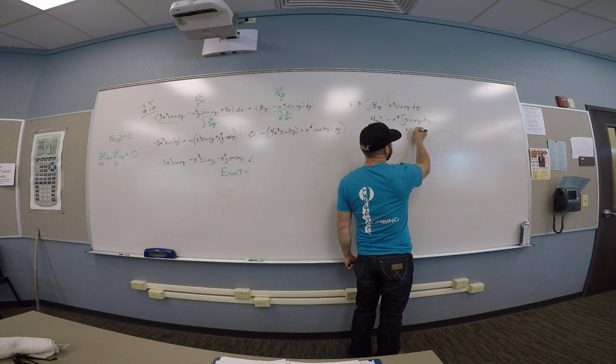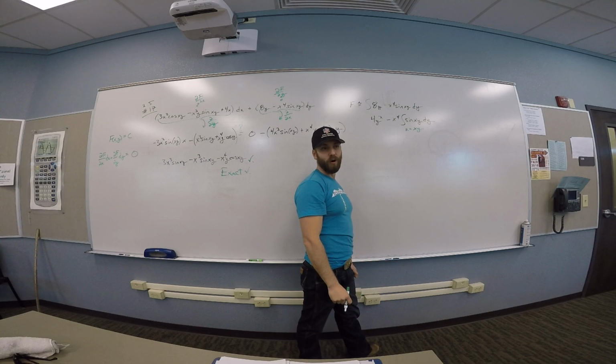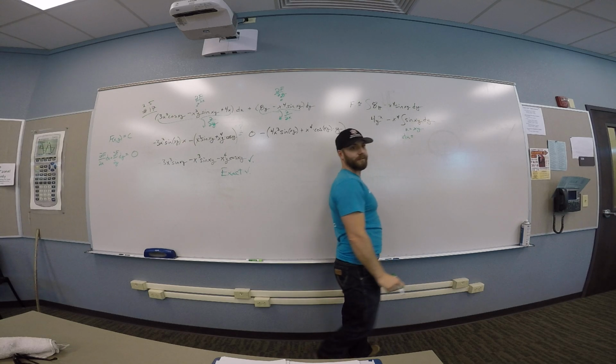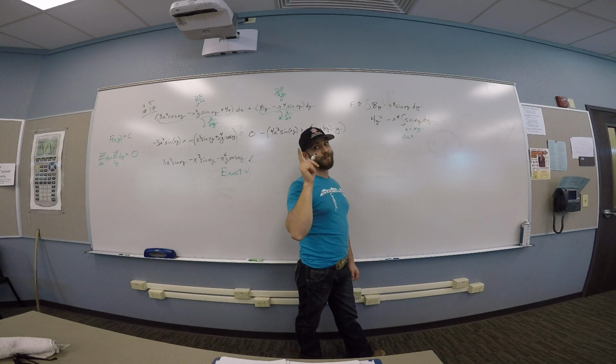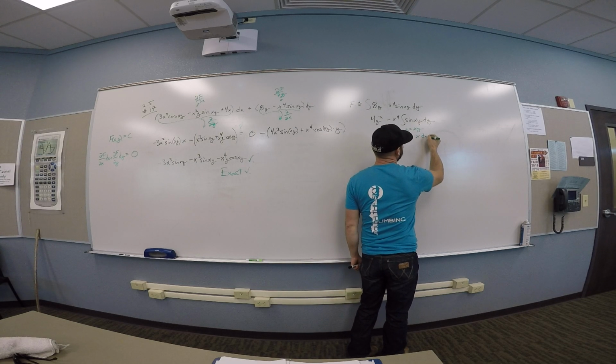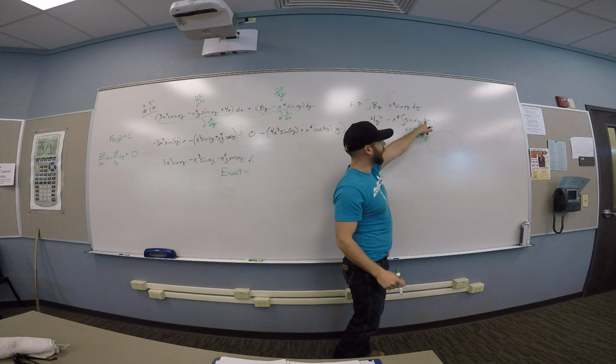Really you should be thinking u substitution, right? So you let u be xy, and then du is, keep in mind you're differentiating with respect to y, x dy. Okay, so I need an x in here, right?